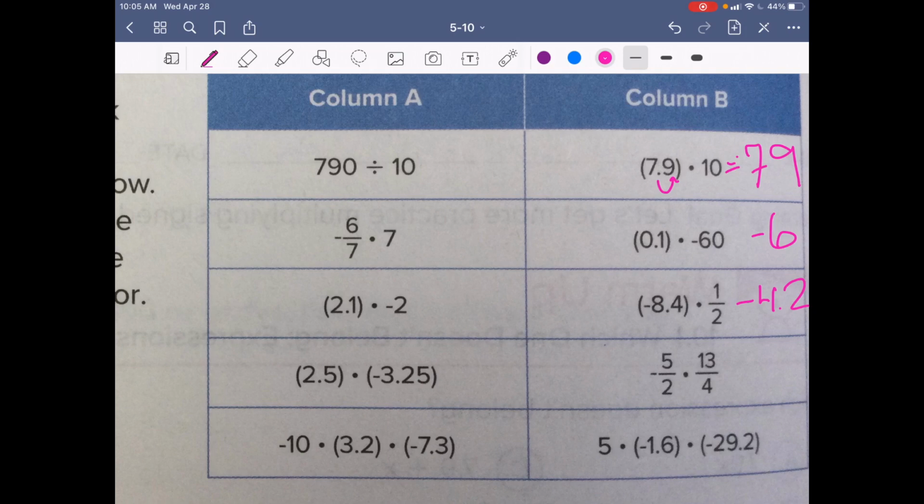The next one, negative 8.125. Or you could have said negative 8 and 1/8. And our last one, 233.6.